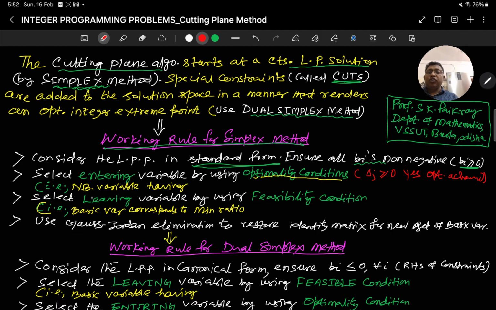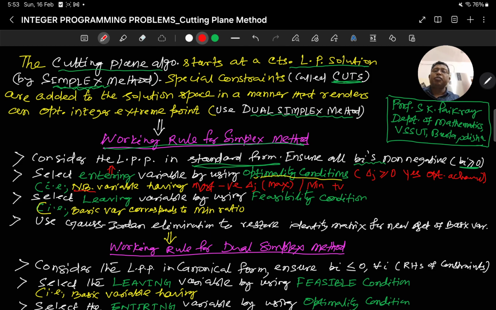So we first have to select the entering variable, which variable enters into the base. The non-basic variable having the most negative delta j net evaluation in a maximization problem, and for a minimization problem the most positive delta j.